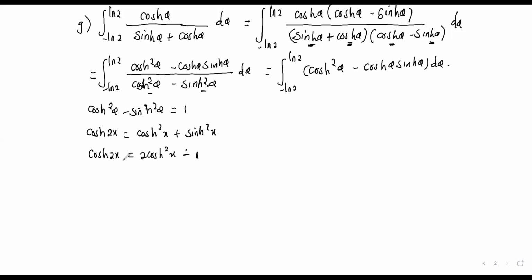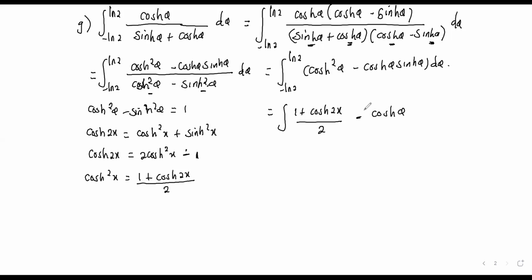So that if we take one to the other side and divide by 2, we are going to have this guy equal to 1 plus this guy divided by 2. So that's what I'm going to bring here. We'll write 1 plus cos 2x divided by 2, and then minus cos theta, oh, this is theta, cos theta hyperbolic sine theta d theta.